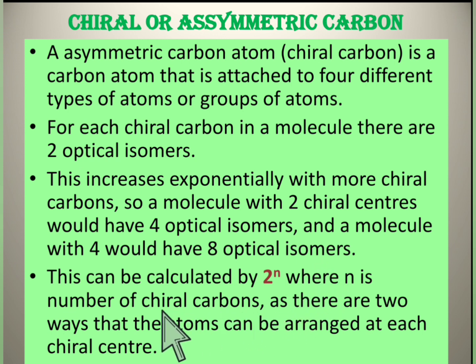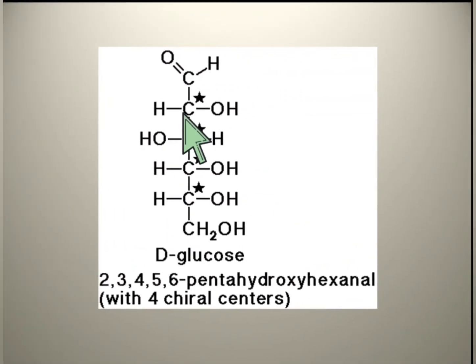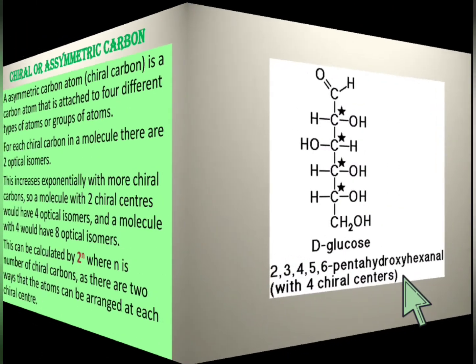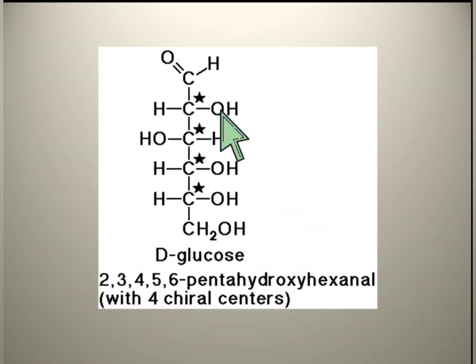So there are 8 optical isomers of this particular molecule which has 4 chiral centers, the D-glucose molecule, and there are 2 ways where the atoms can be arranged at each chiral center. For example, in this chiral center, this can be on this side, or this can be on this side. Same thing you will see in different optical isomers of this particular glucose molecule.